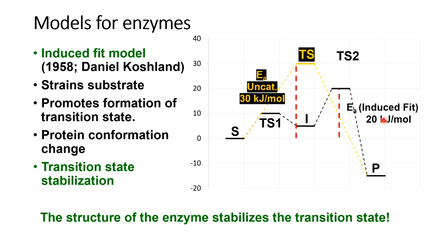To summarize, the take-home point is that the structure of the enzyme stabilizes the transition state. The molecular interactions are there to stabilize the shape of the transition state, not necessarily the substrate.